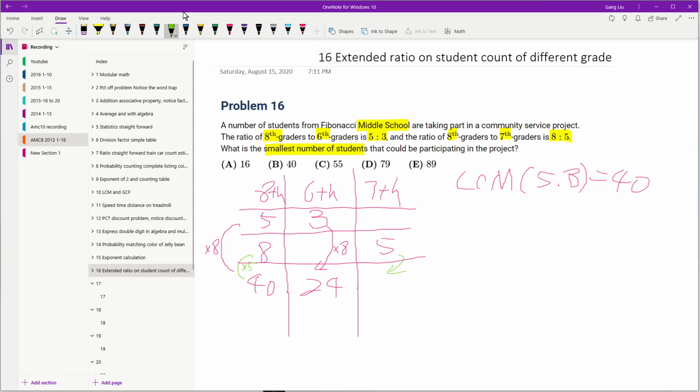So this is going to be 25. So the smallest number of participants will be 40 plus 24 plus 25 equals 40 plus 49, equal to 89. Answer is E.